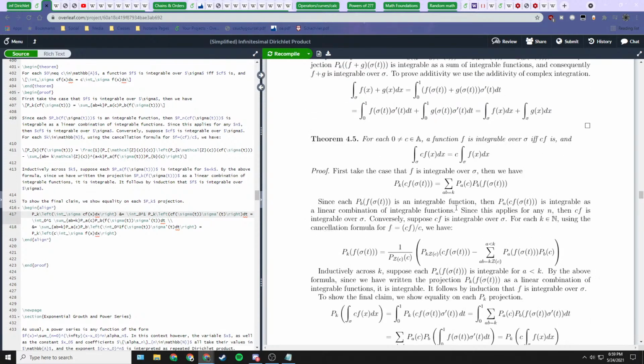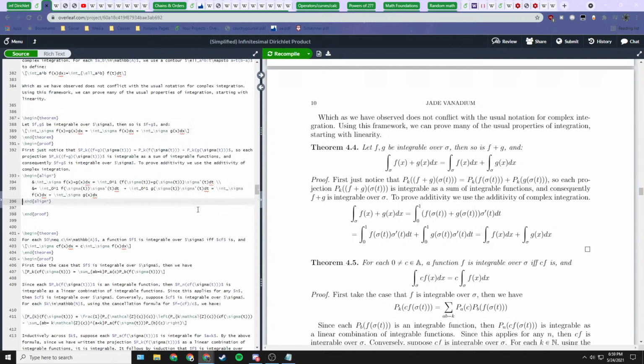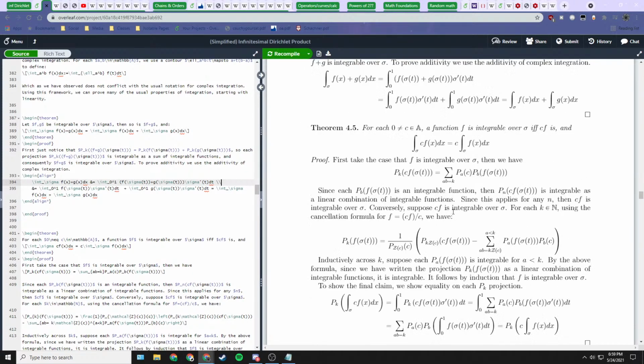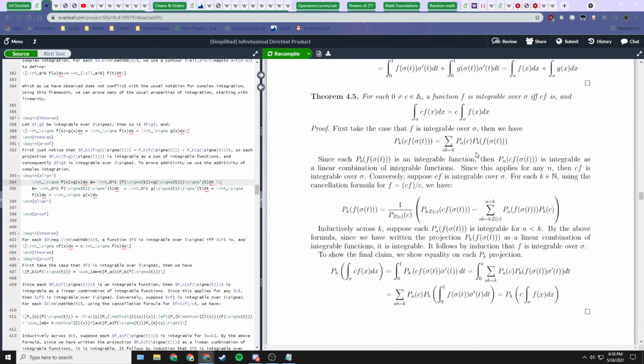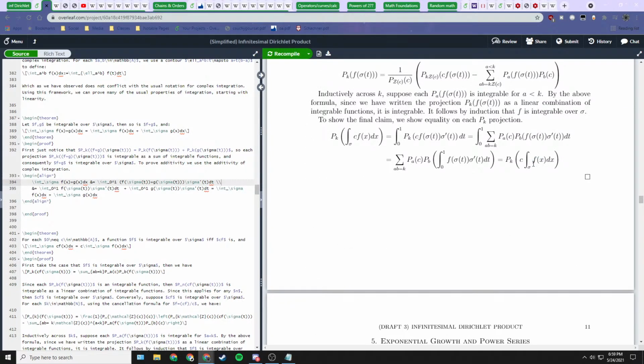Let me also look over the other one. Hopefully this will fit. It does, okay. And then we just have this projection, so there's that.